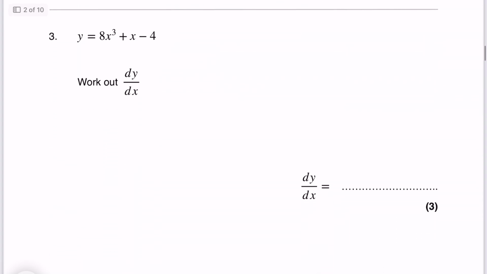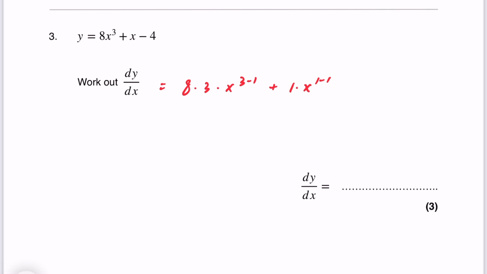Question 3. Y equal to 8x cubed plus x minus 4. dy dx equal to 8 times 3 times x to the power of 3 minus 1 plus 1 times x to the power of 1 minus 1.